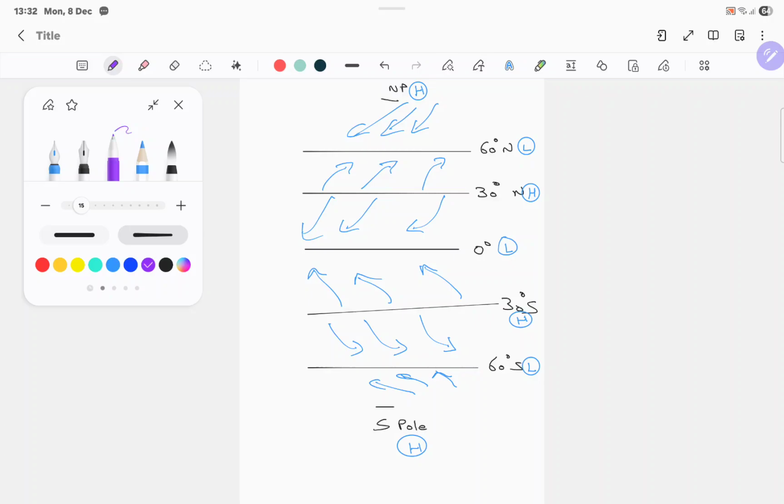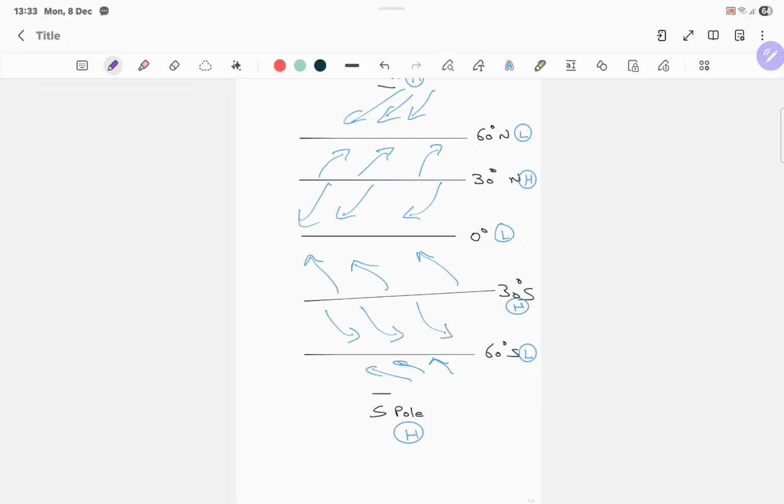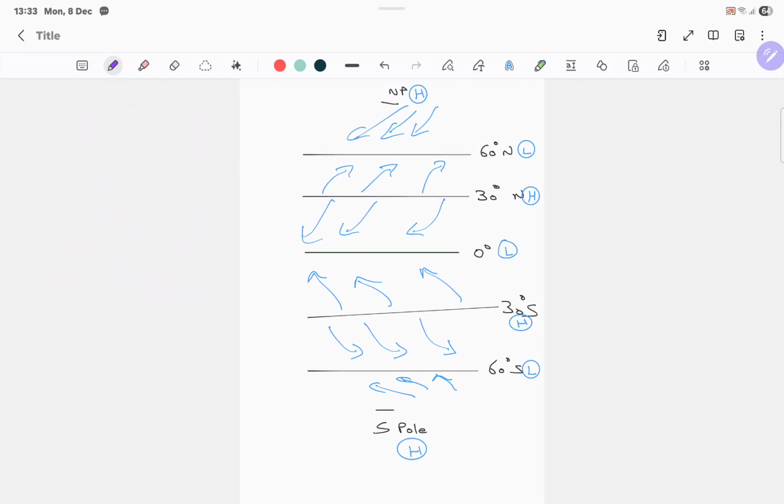Naming is the same as I've told you. Winds are always named in the direction they are coming from. So these are your southeast trade winds. The same way, these will be your northeast trade winds. These are your westerlies.